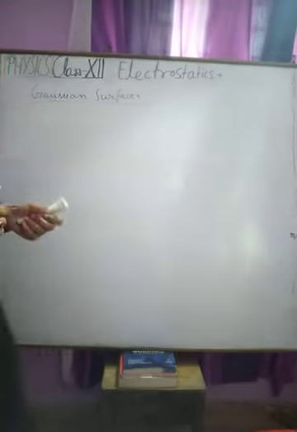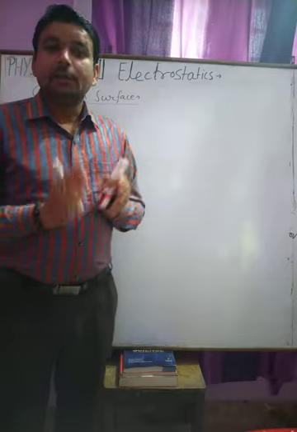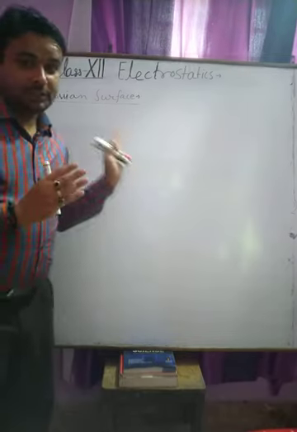Okay, student. This Gaussian surface is assumed by us. So it is an imaginary surface.